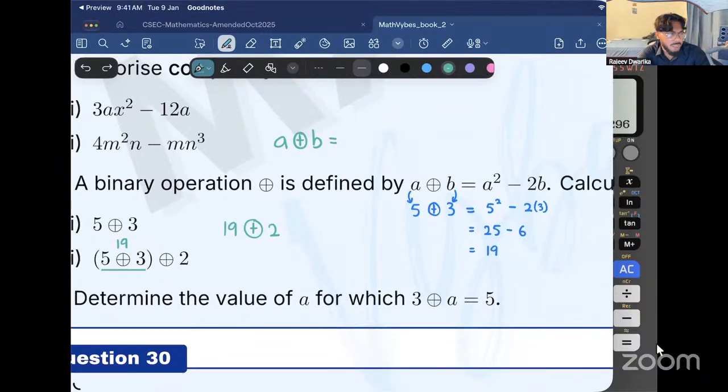All binary operations are actually different. It depends on how they define it. So that plus circle, what is it telling us it does? What is it defined as?